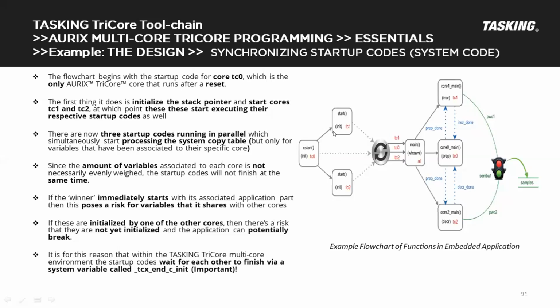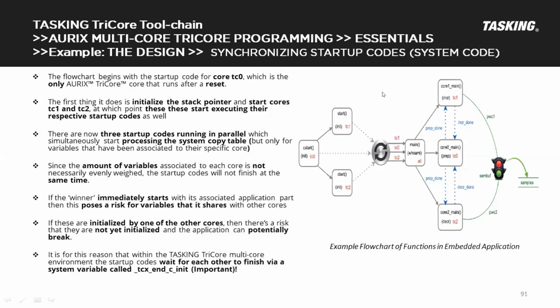And the point here is, for example, if the startup code for core number 1 is faster than the startup code of core number 0, because maybe there are fewer variables to be considered, it's not really a very good idea to jump directly after the finish of the startup code of core number 1 and execute the application code or your logic. You really have to wait until the other startup codes are finished, and then start executing your application code.